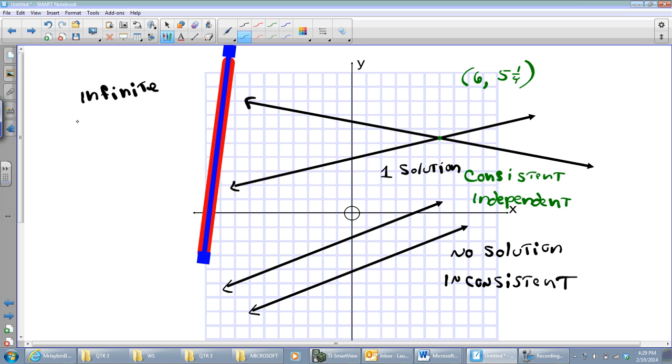We call it consistent because there's at least one solution, but we call it dependent because the lines are the same. They're not able to stand alone. So infinite solutions means it's consistent, dependent.